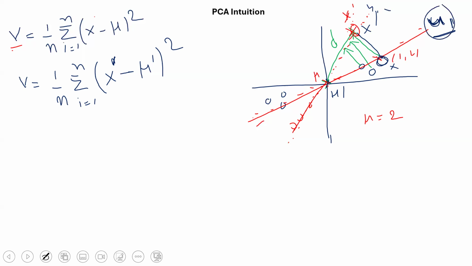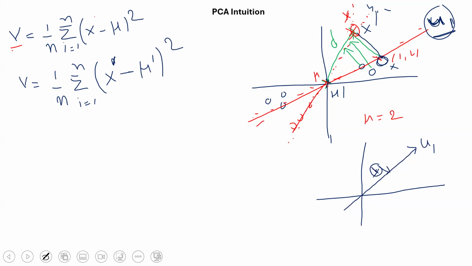Now you have to understand how we get the projected point onto a particular line. Let's suppose I have a point x, and I want to project this point x onto vector u1.